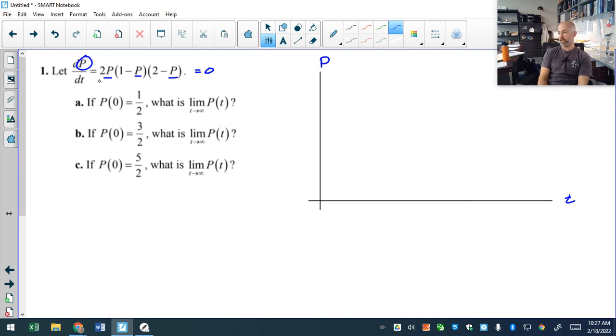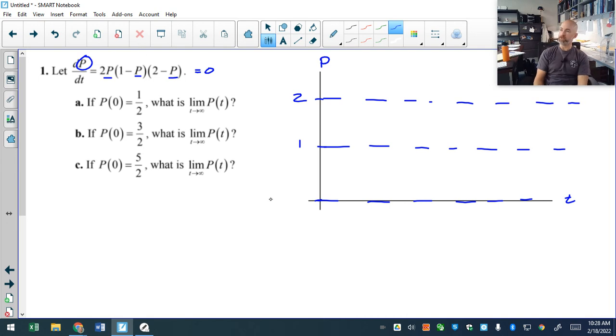Well, when P is 0, when P is 1, or when P is 2. Just remember that's on the vertical axis. So I'm going to have 0 slopes anytime P is 0, all the way across. When P is 1, we're going to have 0 slopes anytime P is 1. And when P is 2, we're going to have 0 slopes anytime P is 2. Good?